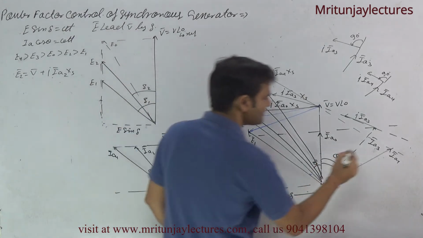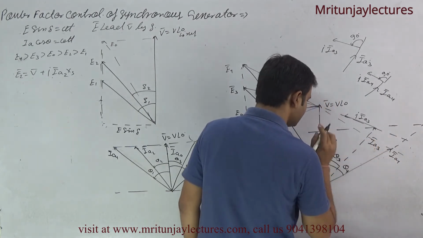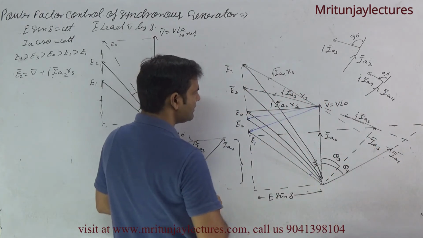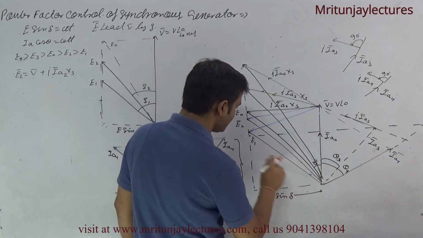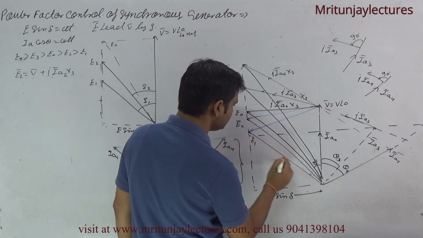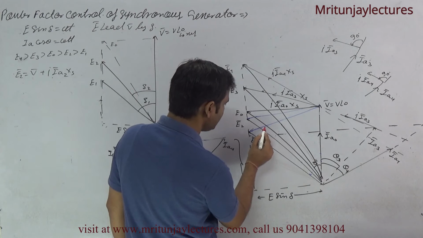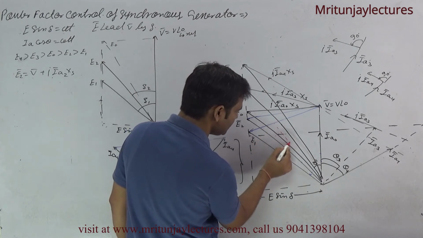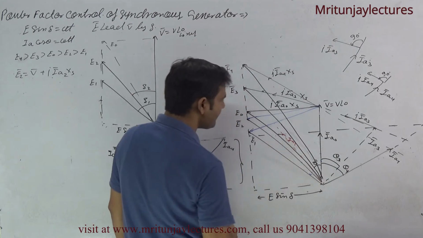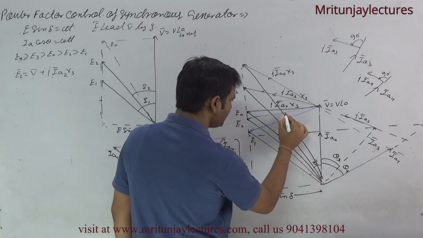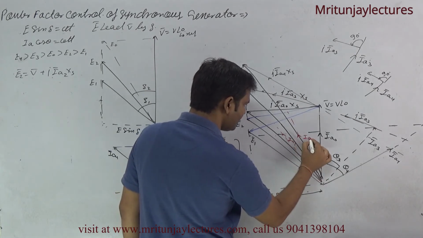If you want to make corresponding to this one, that is IA4, IA3, IA0, and corresponding to E1, we got this one, IA1, and corresponding to E2, that is IA2.